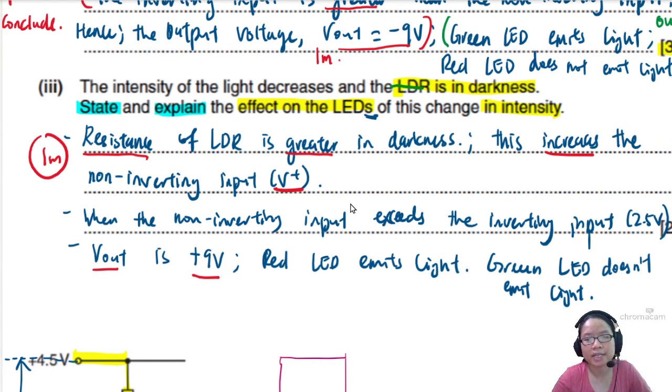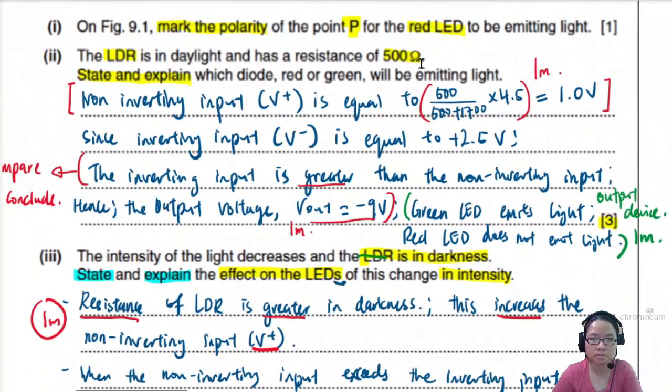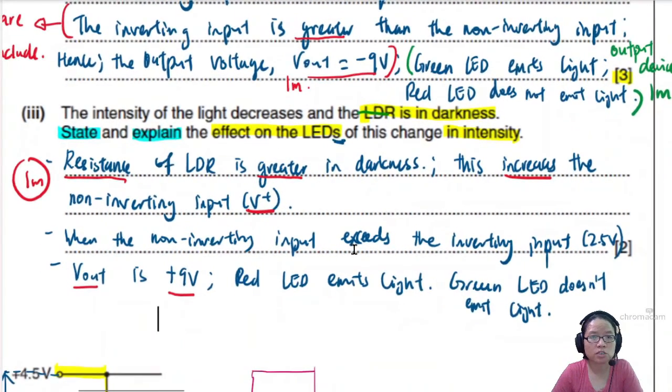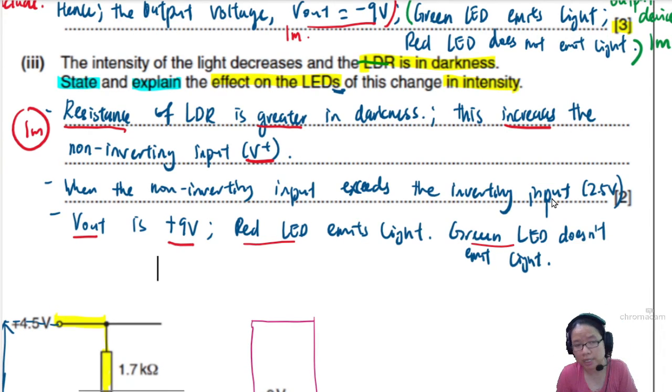The reason I didn't say on or off is because I'm copying their sentence, which is generally a good rule of thumb, because the mark scheme will mimic the question. So if you want your answer to match the mark scheme as much as possible, you do that. The second mark is when you say V out will be positive 9 volt because your V plus increases, so your red LED will emit light and your green LED doesn't emit light. What happened to the red LED and what happened to the green LED? This is 1 mark.